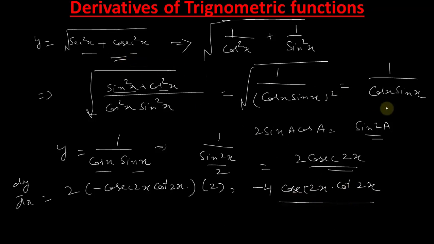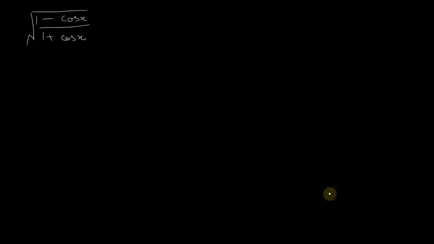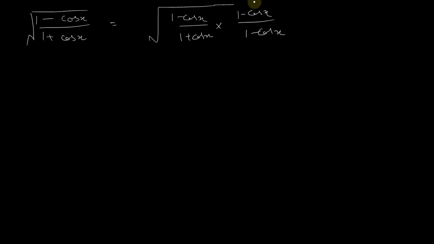We have used this formula here. So the formulas make our sum easy. Now we have one more similar question. Again we will simplify it. What we will do, we will multiply this by (1 minus cos x) upon (1 minus cos x), all under a square root.